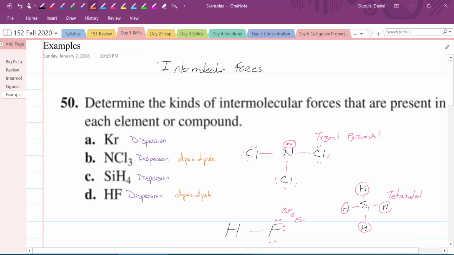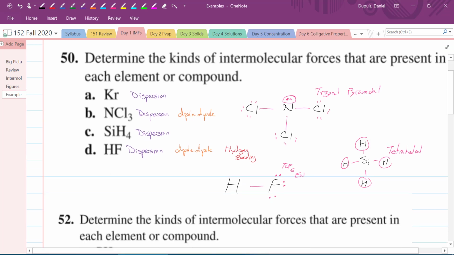And hydrogen bonding occurs when H is bonded to F, O, or N. That's the case here, and so we also have hydrogen bonding. So that's how we decide what intermolecular forces are present.